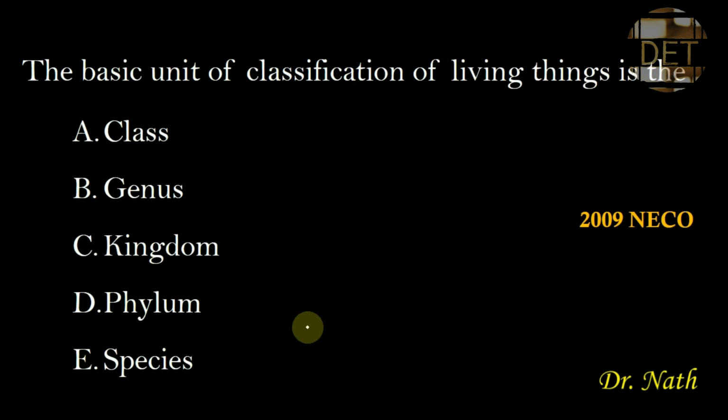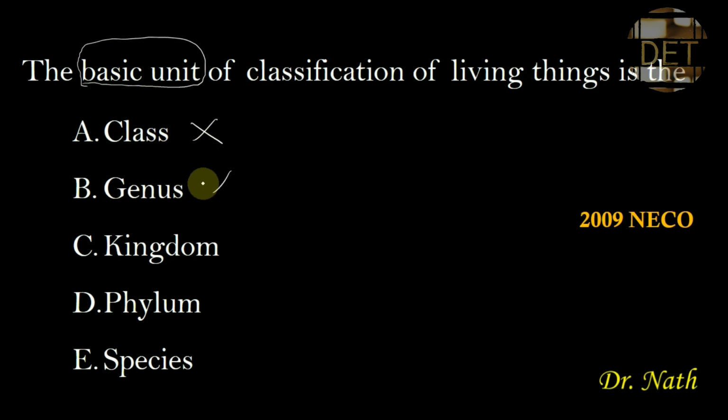Then I also have another question here. It's an echo question actually, in the year 2009. And the question is, the basic unit of classification of living things is the. So the basic unit is, in other words, the smallest unit of classification. Basic simply means smallest. So is it the class?